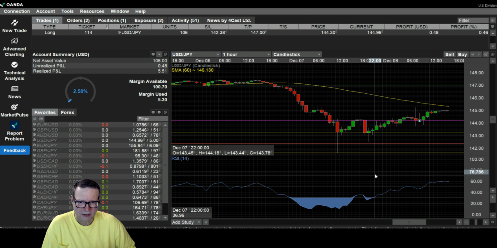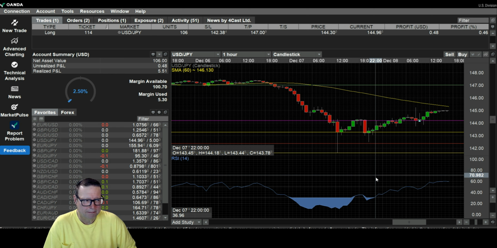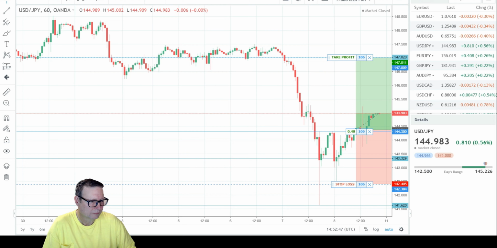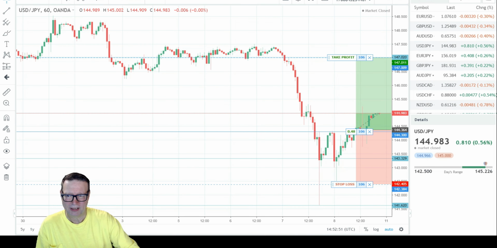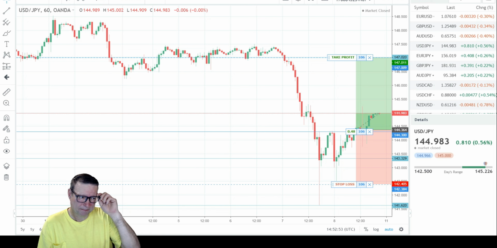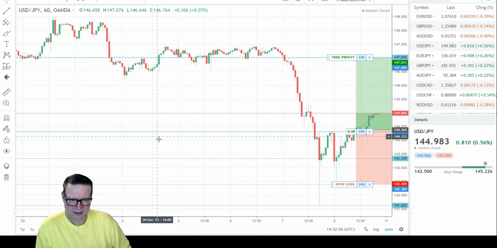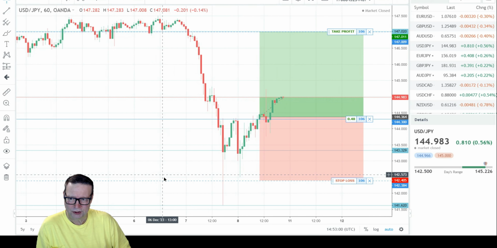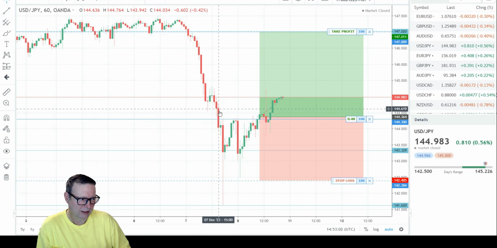Anything else I wanted to cover on this? The nice thing is when you're on the desktop version, you can go over here and there's advanced charting. When you click on the advanced charting, it'll bring up this. And this is really cool because it allows you to add different features.